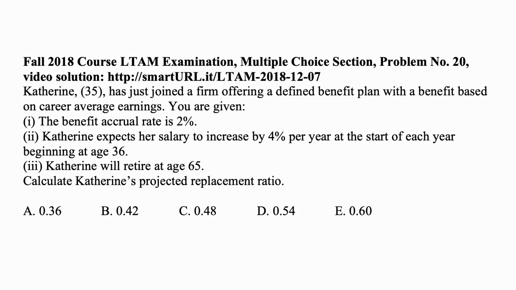Catherine expects her salary to increase by 4% per year at the start of each year, beginning at age 36. Catherine will retire at age 65. Calculate Catherine's projected replacement ratio. And of course, replacement ratio is the ratio of the first pension payment to the last salary.